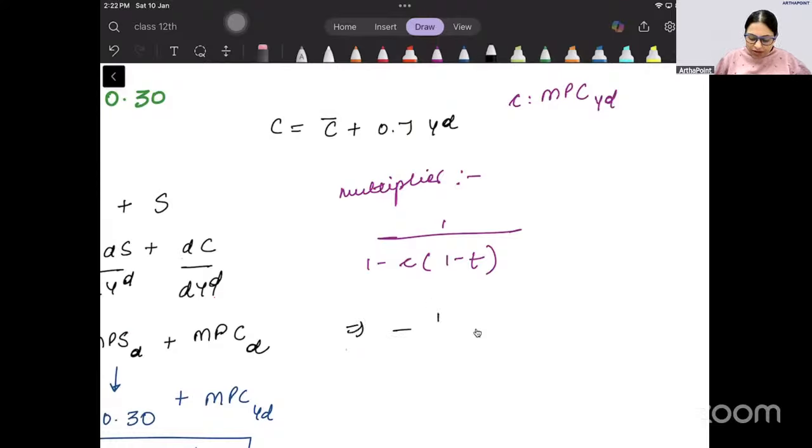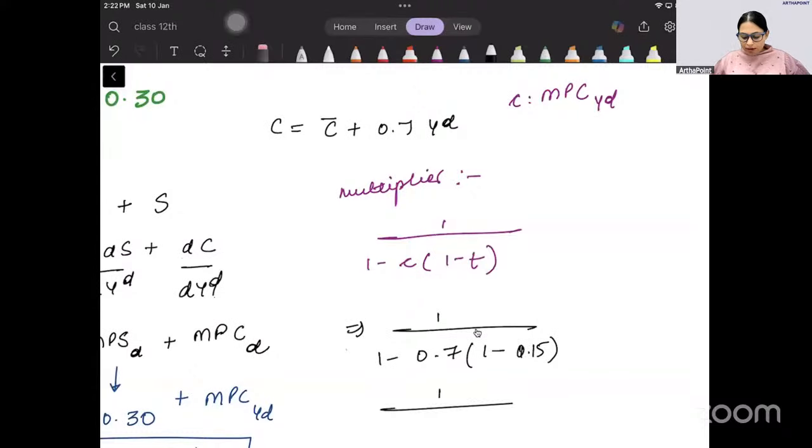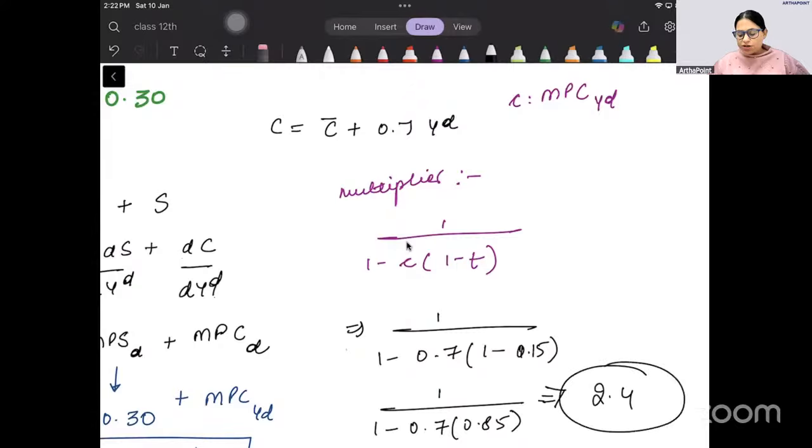So this will become 1 upon 1 minus 0.7 into 1 minus tax rate, which I've given you as 0.15. So it will be 1 upon 1 minus 0.7 into 0.85. Just solve this, whatever answer you get. Okay, approximately 2.45 or 47, whatever. That's the answer to this question.